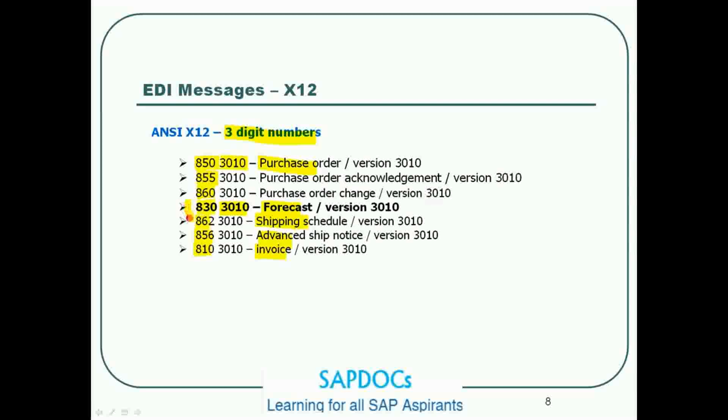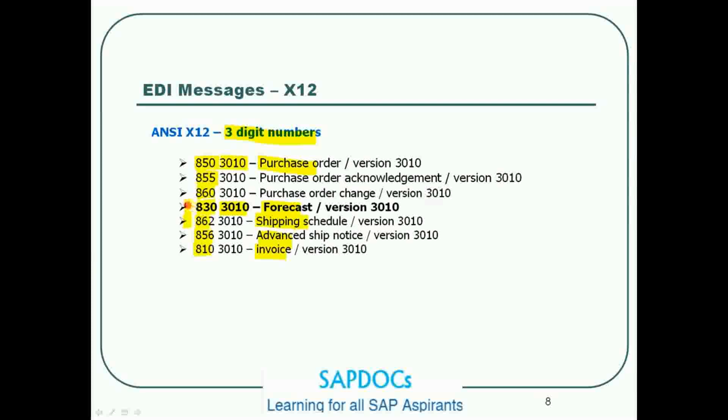830 and 862, these two messages are most of the time used in conjunction for a part or multiple parts that you have an agreement with the supplier for a given time frame. Let's say for 2013 you signed a contract with the supplier saying that every week they ship you part ABC in a certain quantity.